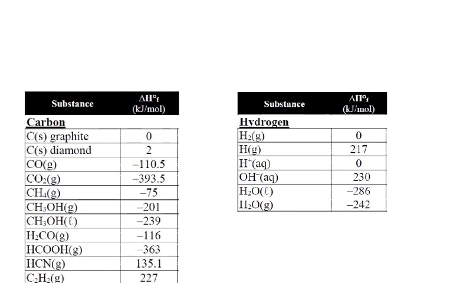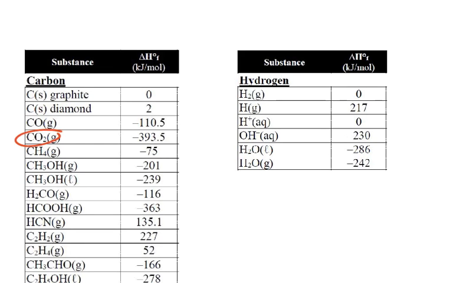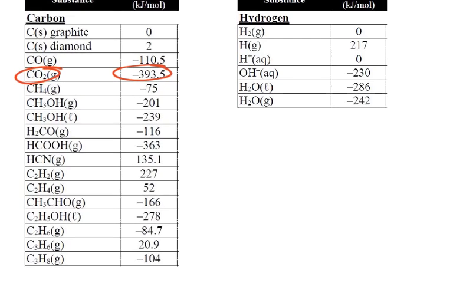So I can go back to the charts we have, and CO2, that's negative 393.5. We also have a value here for the propane, negative 104. And water, notice that water as a liquid and water as a gas have two different values. So we want to use water as a liquid.